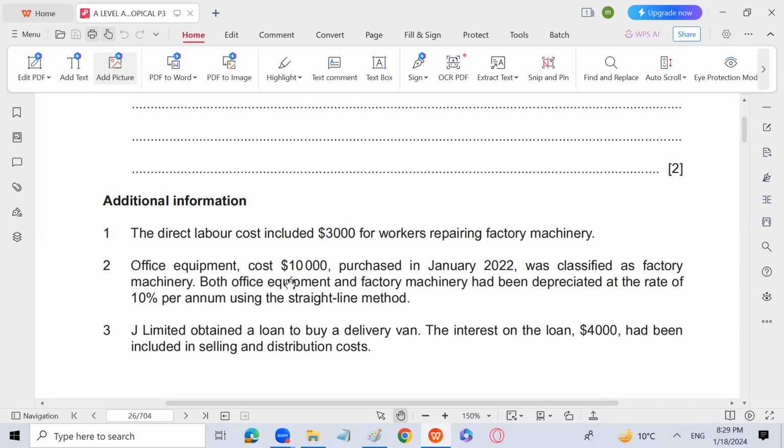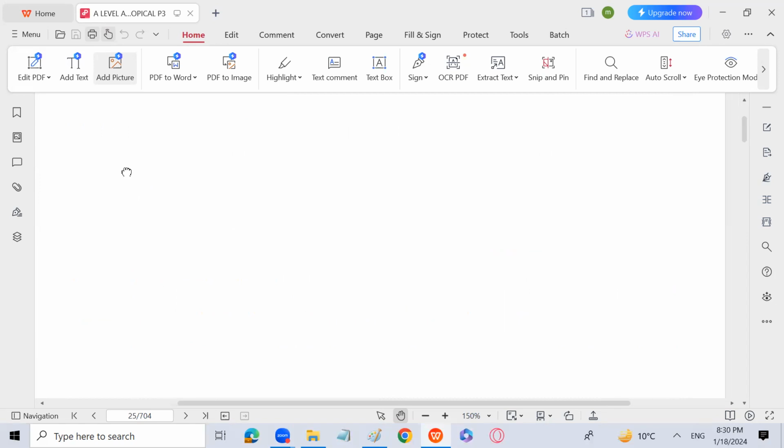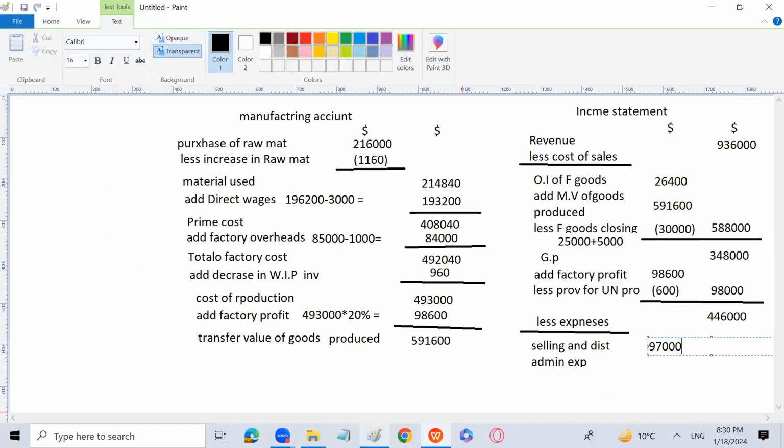We have subtracted it from there, and it will be added in admin expenses as depreciation on office equipment with an amount of 1,000, because 10% of 10,000 is 1,000. So let's see how much the admin expenses will be: 2,34,000 plus 1,000 will come to 2,35,000.